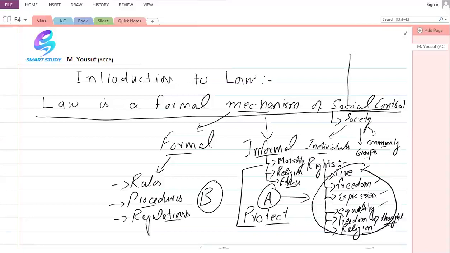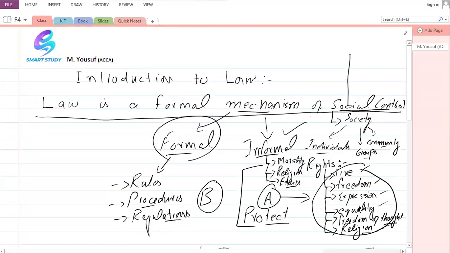Up till now we have discussed certain rights of individuals, and we have discussed that social control means the protection of a person's rights, and that there are two ways that these social rights and attributes can be protected: formal mechanism or informal mechanism. After discussion, we are clear that informal mechanism is unable to control the social rights. So we have to go for the formal mechanism, that is called the law. So this is how we define law.